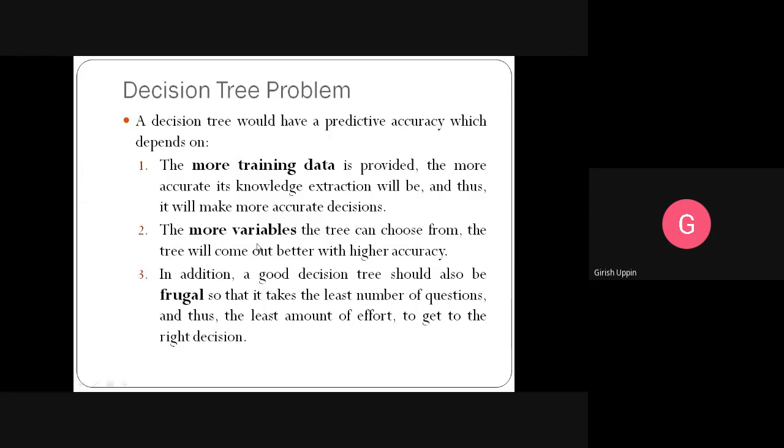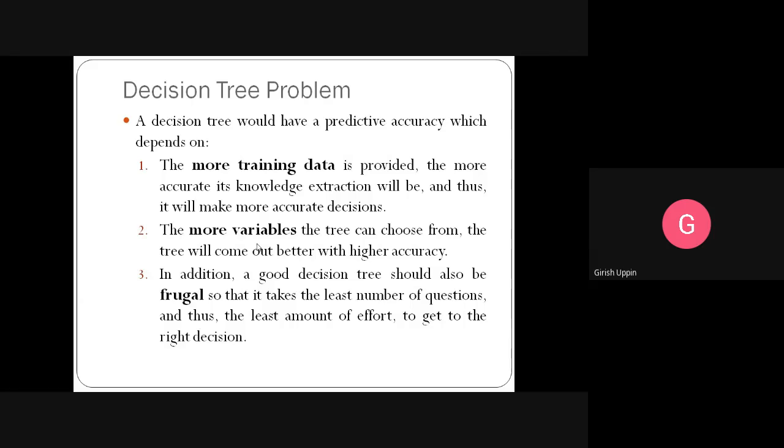More variables: in the previous case, we saw more than 100 variables. There should not be redundant variables. If those variables, whatever the number we have, are decisive in making the decision, then having more such variables will result in a highly accurate system. So accuracy will be very high.